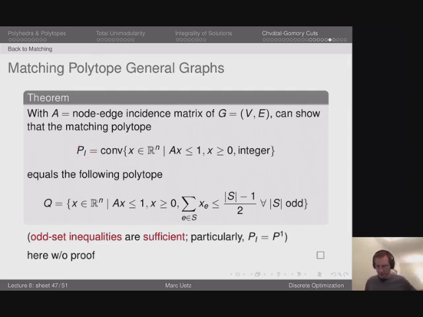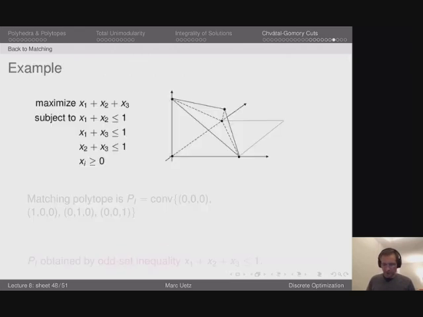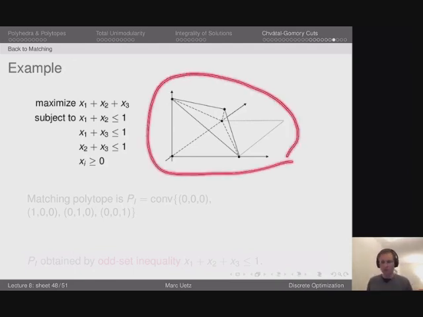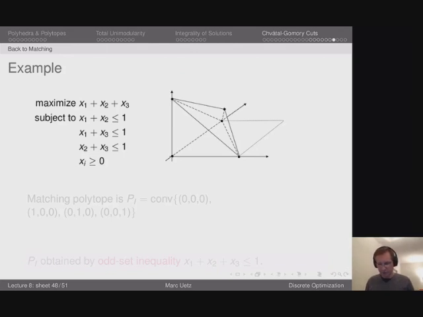Okay, so in particular, the convex hull of the integer points is equal to the first Chvátal closure for the matching problem. I'm not going through the proof here in this lecture. I'm just giving this as a theorem, and I want to illustrate that by using our previous example. What would be the corresponding odd set inequality that we have to add in order to get from the fractional matching polytope the actual description of the convex hull of all the matchings?